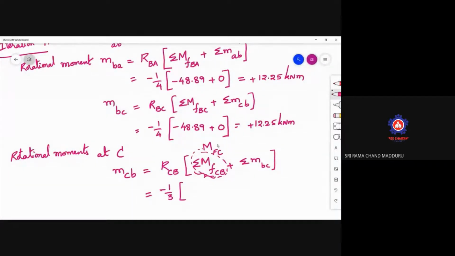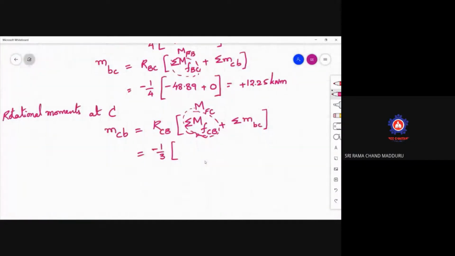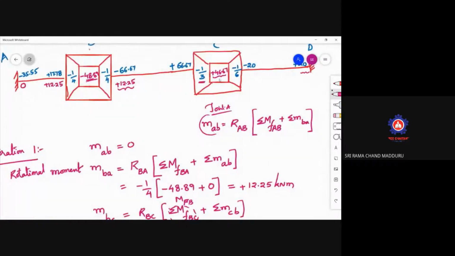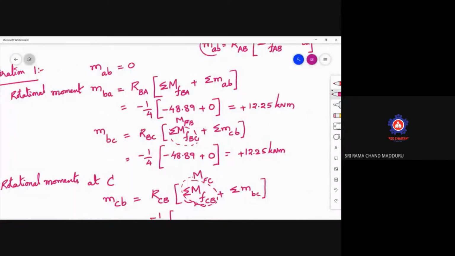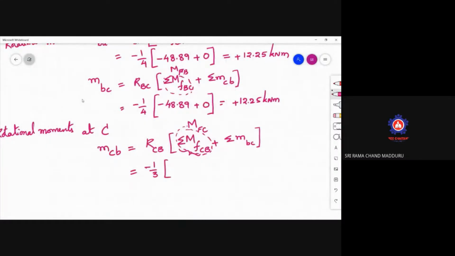Because we have already added and written the simplified value, which is MFB. MFB itself I can write down. Okay, so minus 1 by 3 into, what is this one? 46.67 plus 46.67.